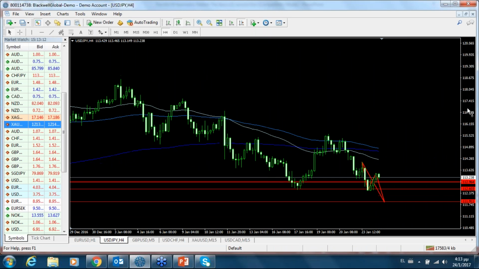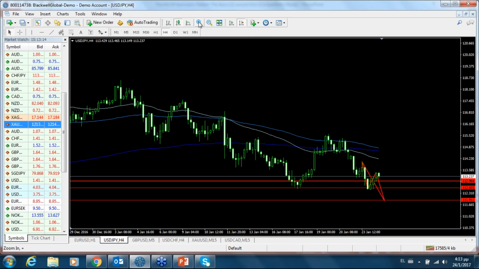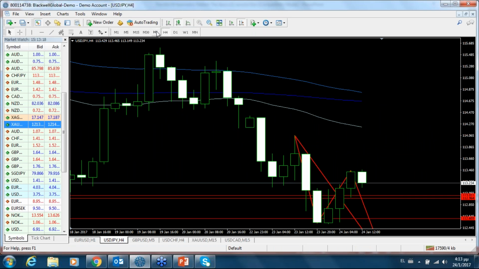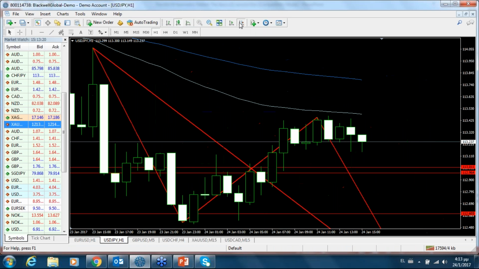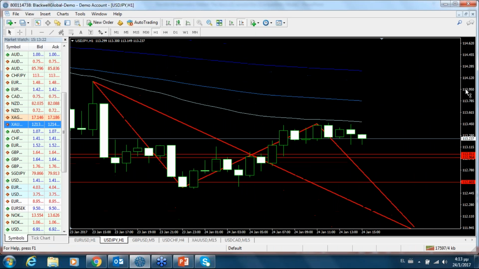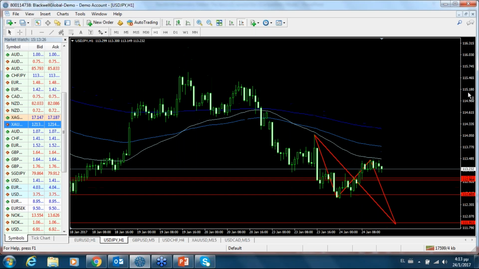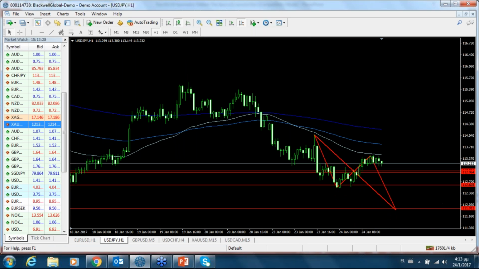Okay, I'll go back to the 1 hour chart. Okay, there you go. So we just close it a bit. There we go. So these lines that I've actually drawn, you've got the center point right there.